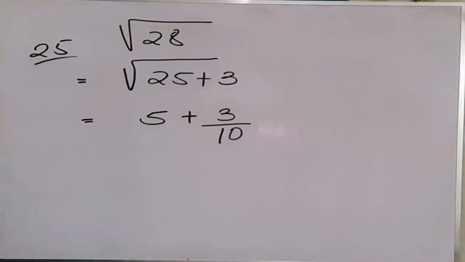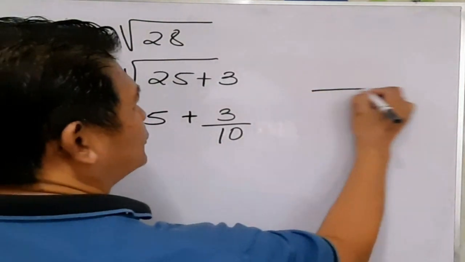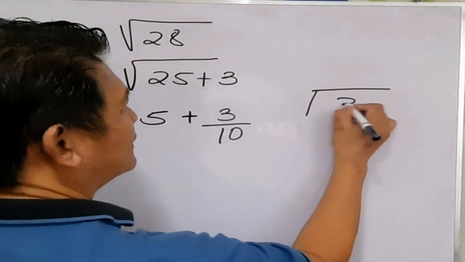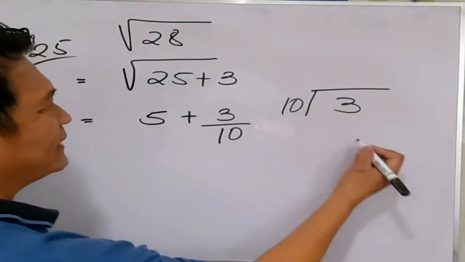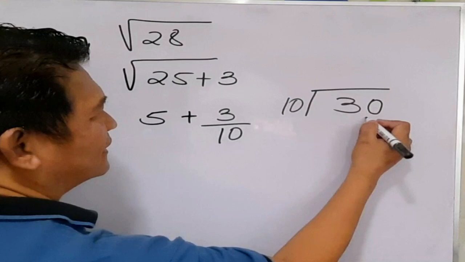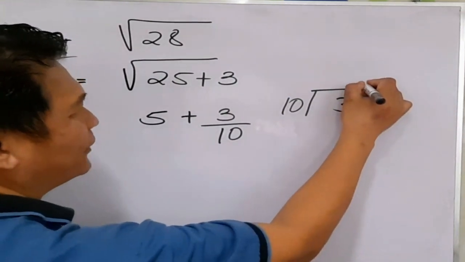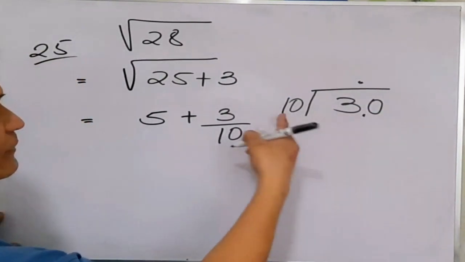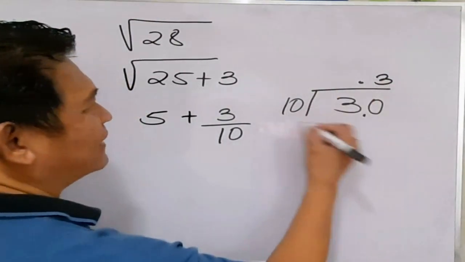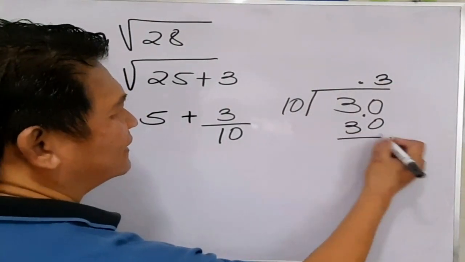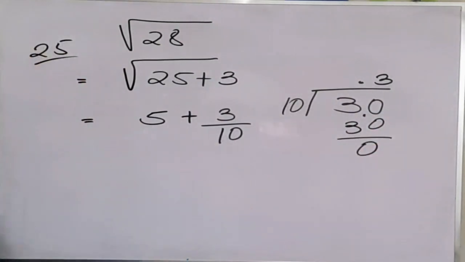What is 3 over 10? If you are going to use your long method, 3 divided by 10 cannot be done, so we add 0 and a decimal point. 30 divided by 10 is 3. 3 times 10 is 30. 30 minus 30 is 0.